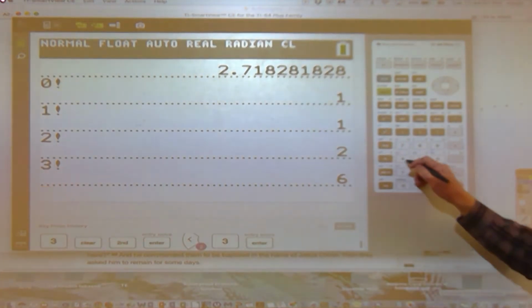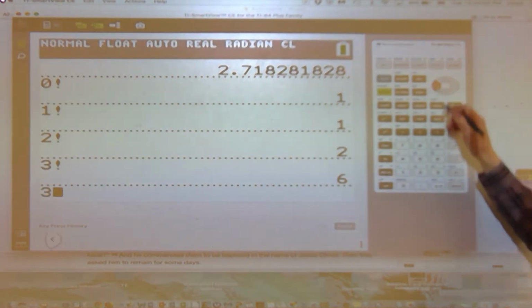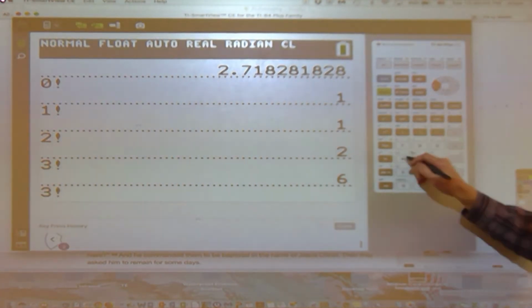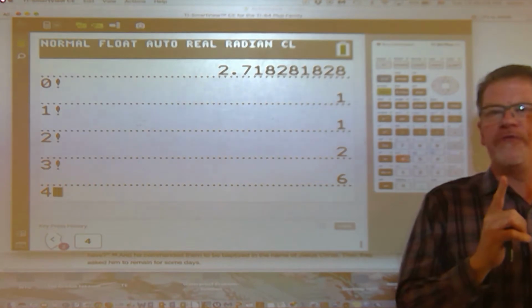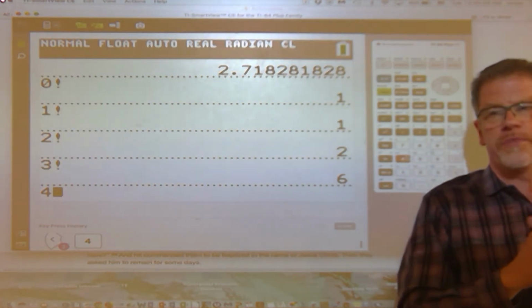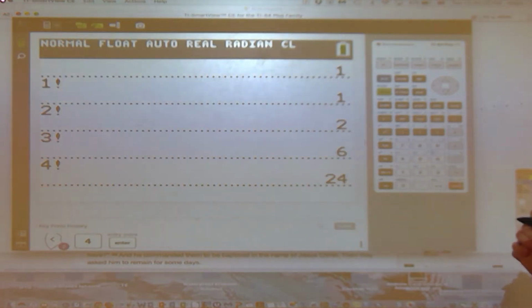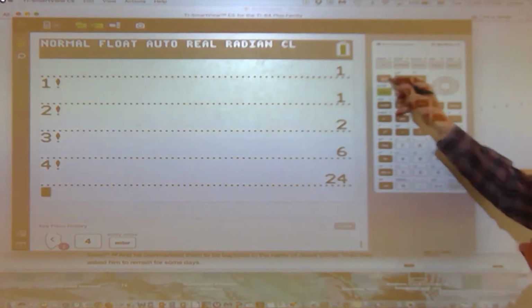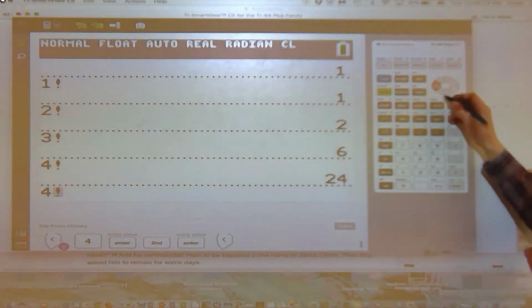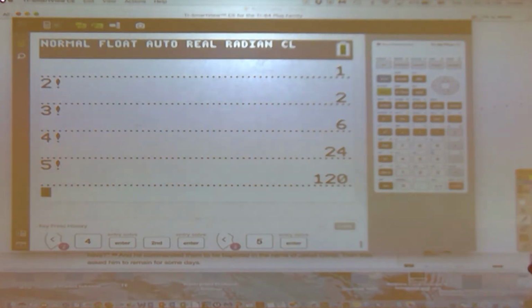To find out what 4 factorial is, you just take 4 times 3 times 2 times 1. So what do you expect 4 factorial will be? 4 times 3 times 2 times 1 is 24. That's right. 5 factorial is 120. And it just keeps going on like that.